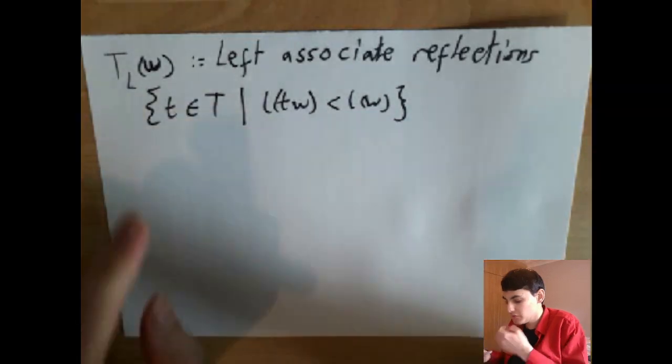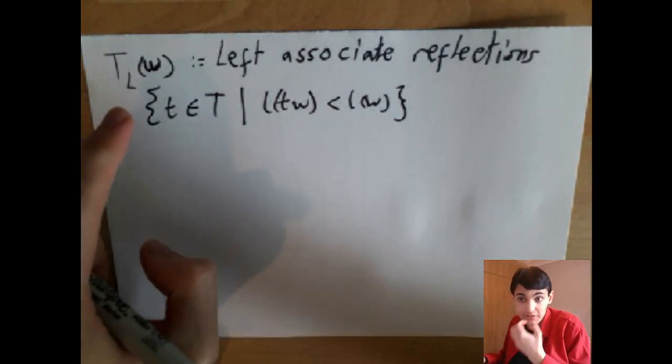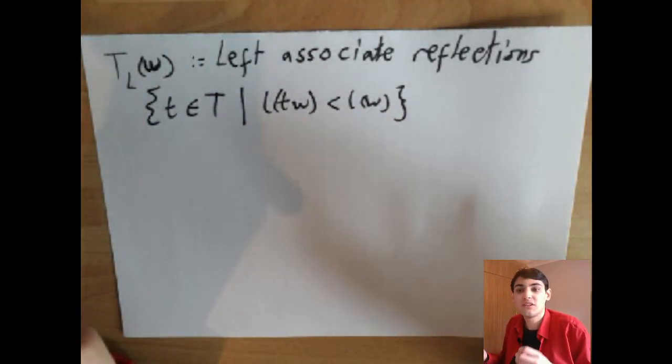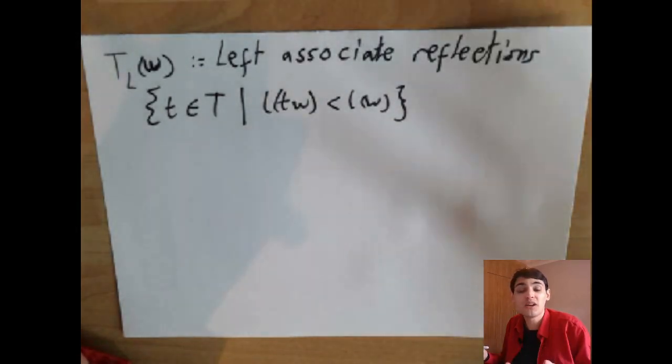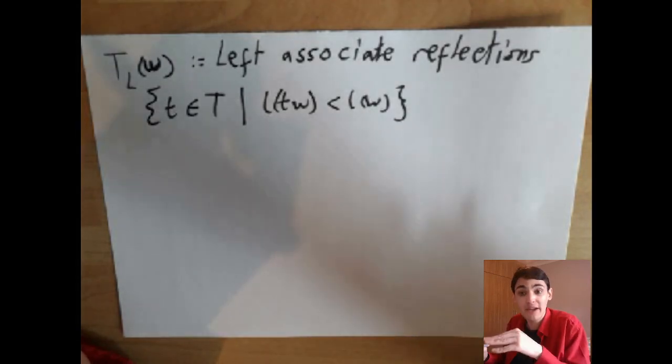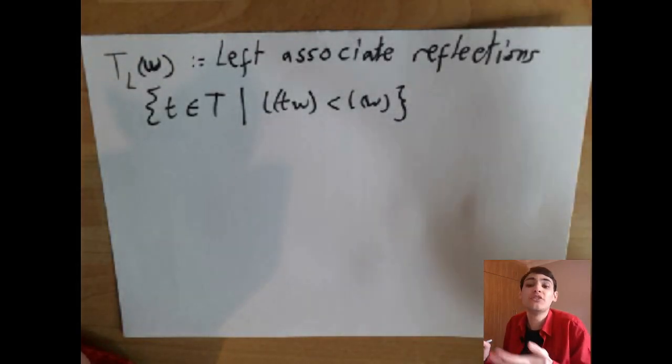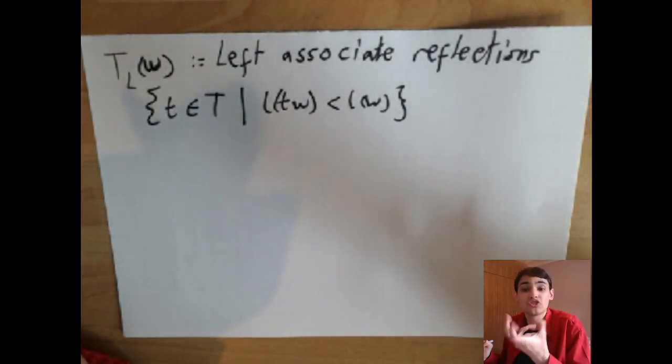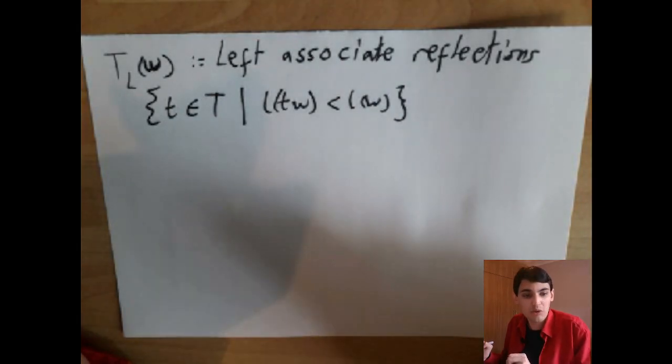Basically, T_L of w is all the reflections, little t, such that if you multiply w by t on the left, you get a new element that has a shorter length than w.